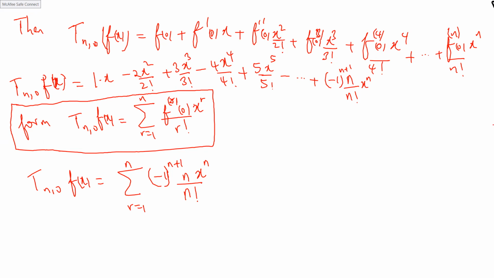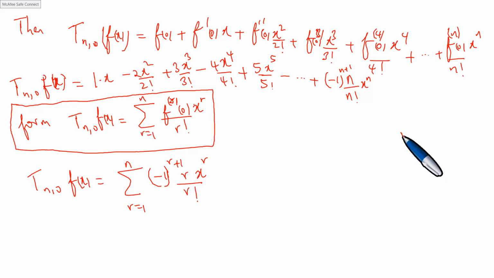And these can be simplified. I need to write these differently. It's r here, r there, r there, r there. So we're getting r here, then r factorial, and then r, and then r.